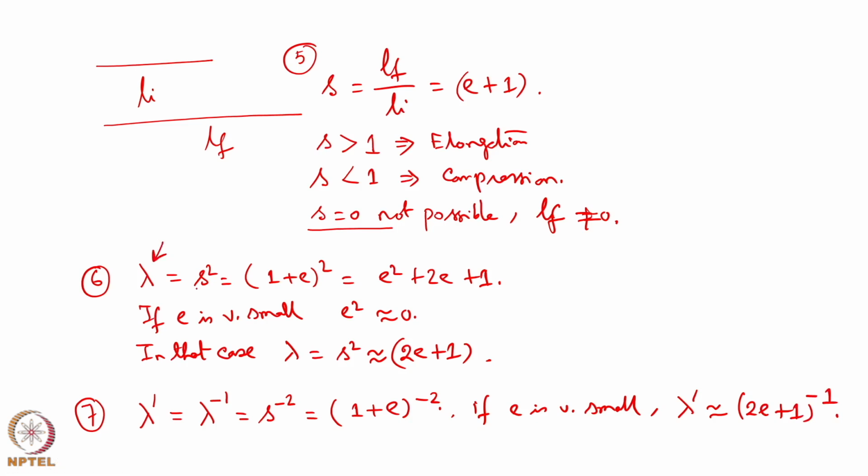Since lambda is square of S, lambda cannot be negative, and for the same reason lambda dash also cannot be negative.